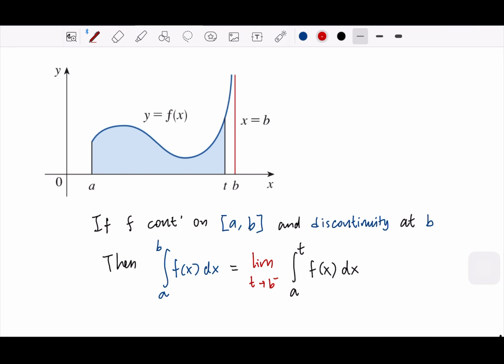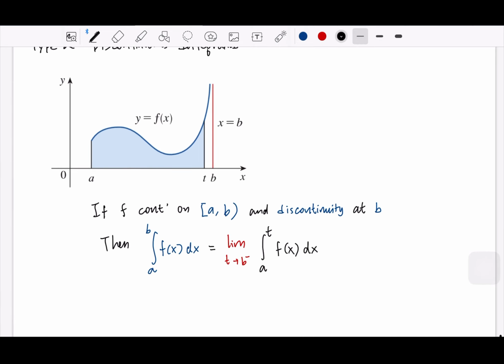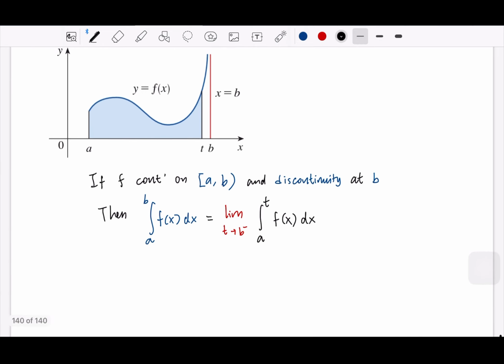But now, t is going to the point where the discontinuity happens. Sorry, the interval should not include b, because if it's included, then it's impossible, right? So this is the limit from the left.